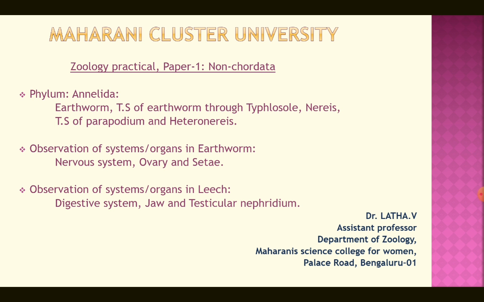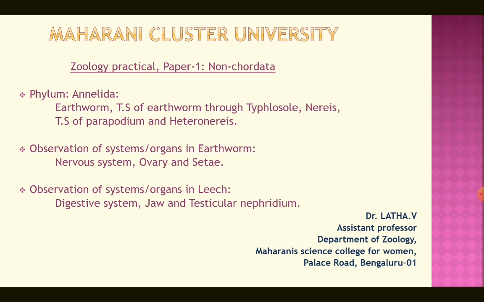The nervous system is composed of cerebral ganglia that refers to the brain, and they also have a double nerve cord having segmentally arranged ganglia. They have sense organs like tactile organs, taste buds, statocyst, photoreceptor cells, and eyes.